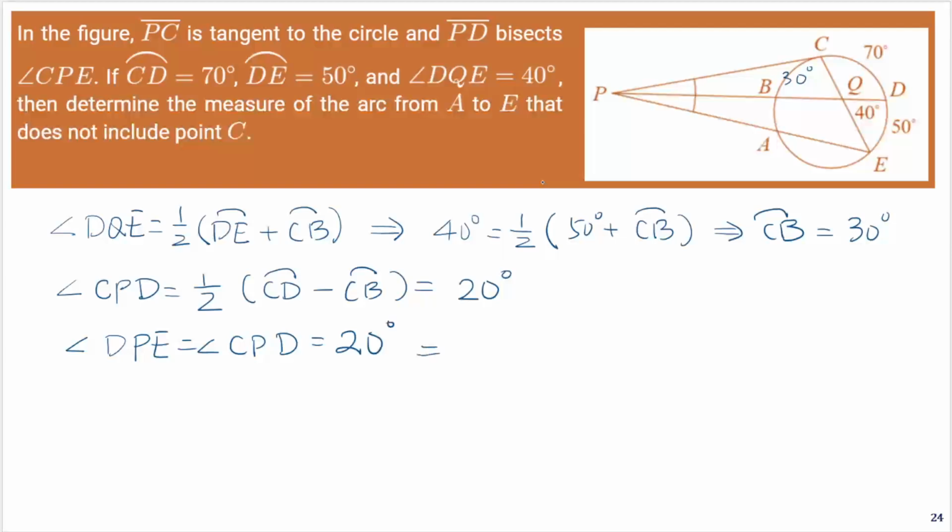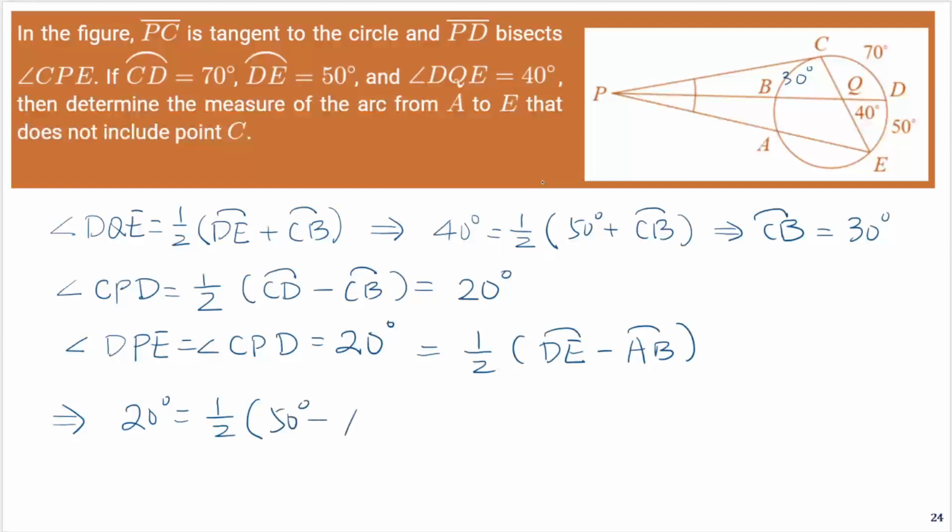Because angle DPE also equals 1/2 of arc DE minus arc AB. So that tells us that 20 degrees equals 1/2 of DE, which is 50 degrees, minus arc AB. And we can find arc AB is actually 10 degrees, right?